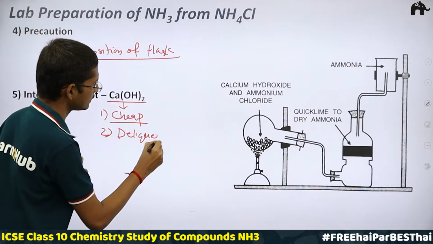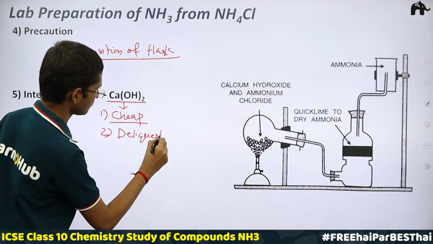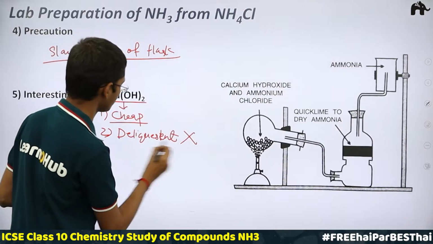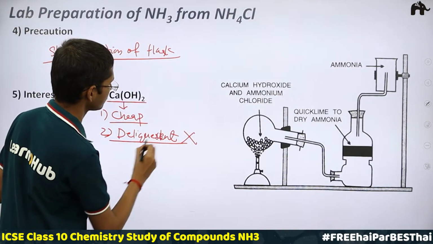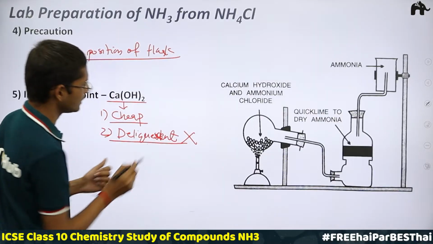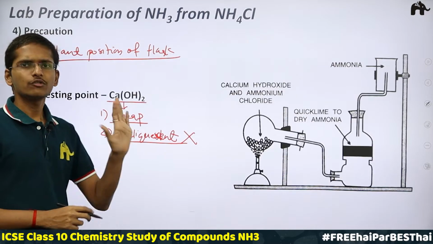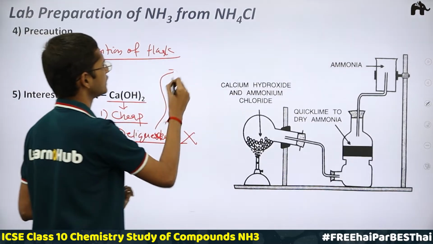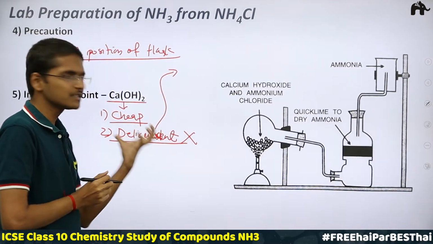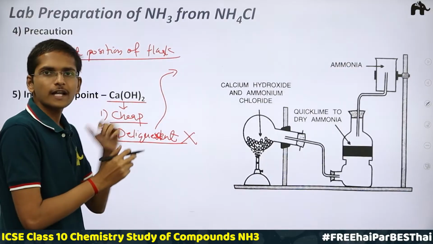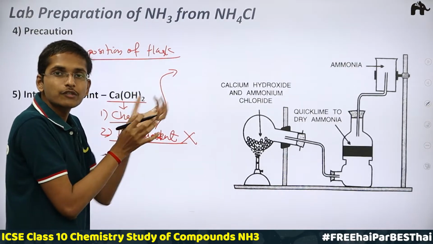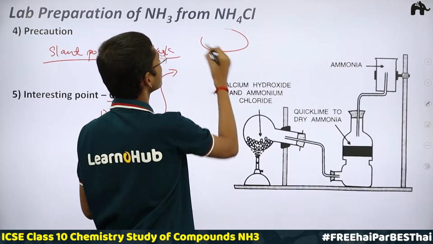So, it is not deliquescent. Now what is the meaning of a deliquescent substance? It means if we keep this calcium hydroxide as it is in the air, it would absorb the moisture from the air.